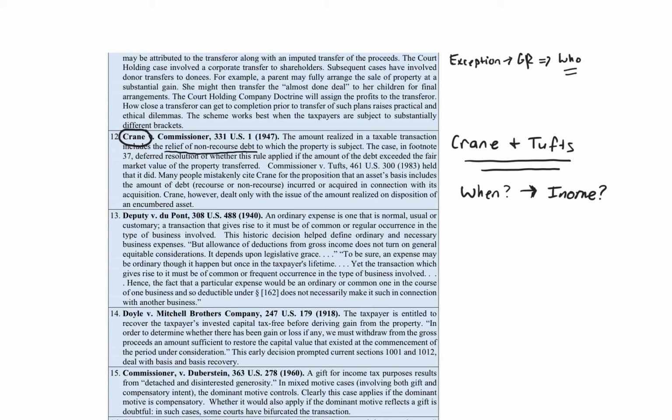So the idea in this case is somebody invested in a property and they have a non-recourse loan. The property basically goes underwater. The liability becomes more than the value of the property. Then the party is going to dispose of the property, and for all intents and purposes, and this is an interesting fact pattern that you can read, the other side just takes on the property.